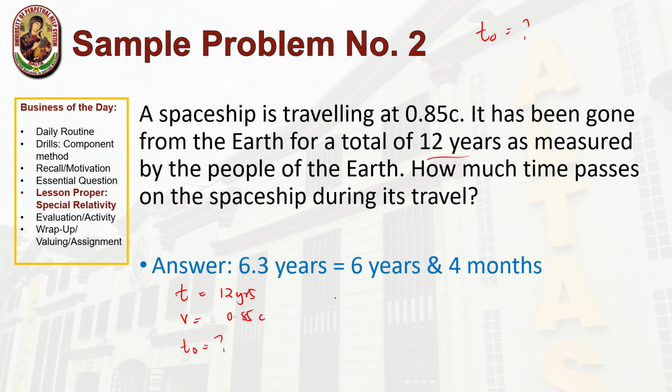Okay, so we will be using the same equation. T is equal to T sub 0 over square root of 1 minus V square over C square. So since we are looking for this term here, in order for this to be derived, we just simply need to, actually you have two ways to do it.